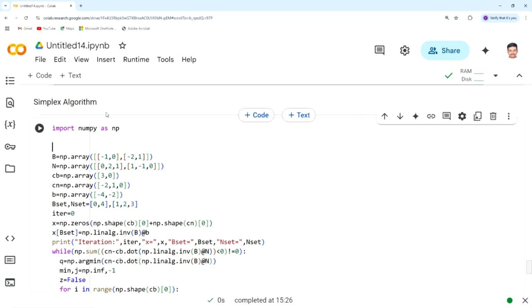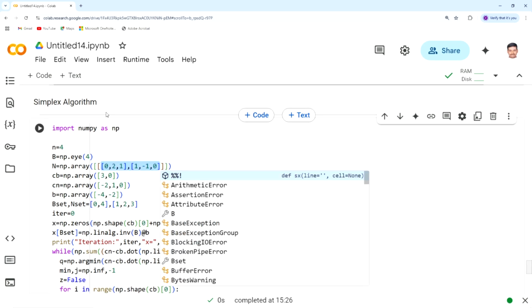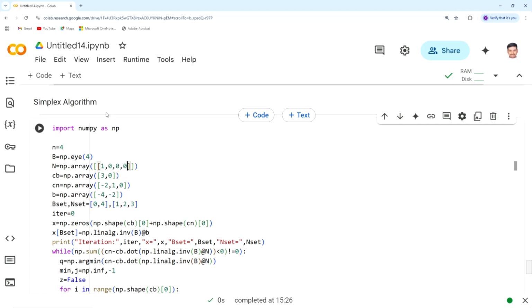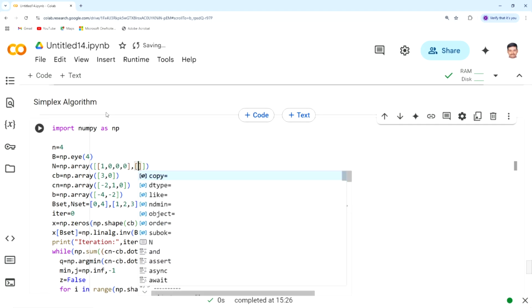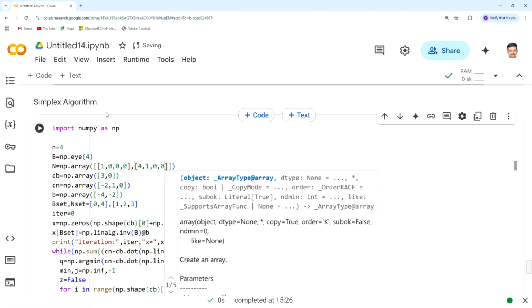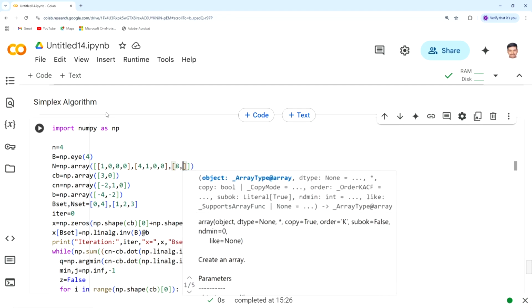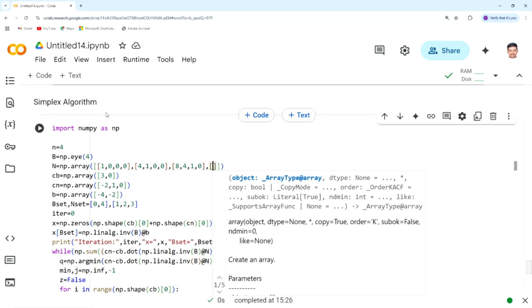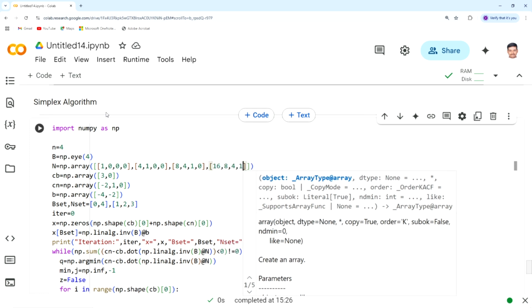We will first write n is equal to 4, and B is identity of 4, and capital N is, okay, we will hard code it for 4. That is 1 0 0 0 and 4 1 0 0 and 8 4 1 0 and 16 8 4 1.